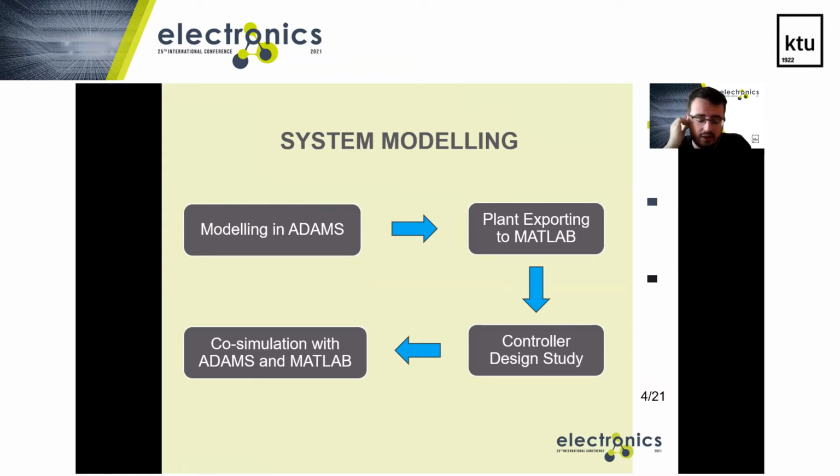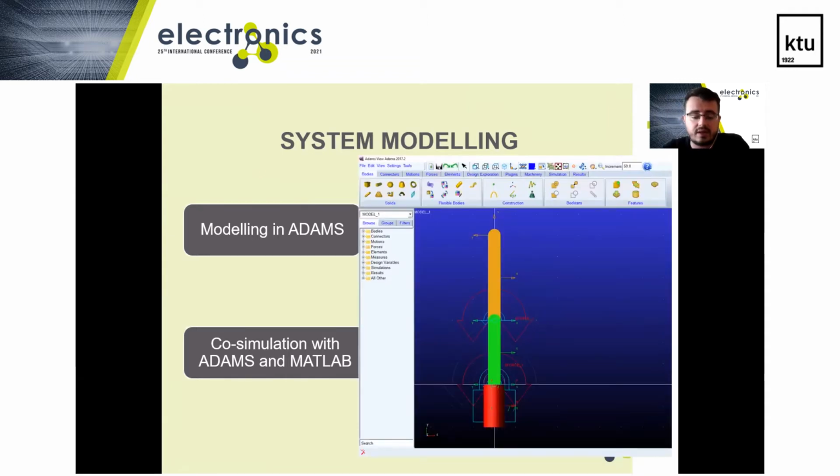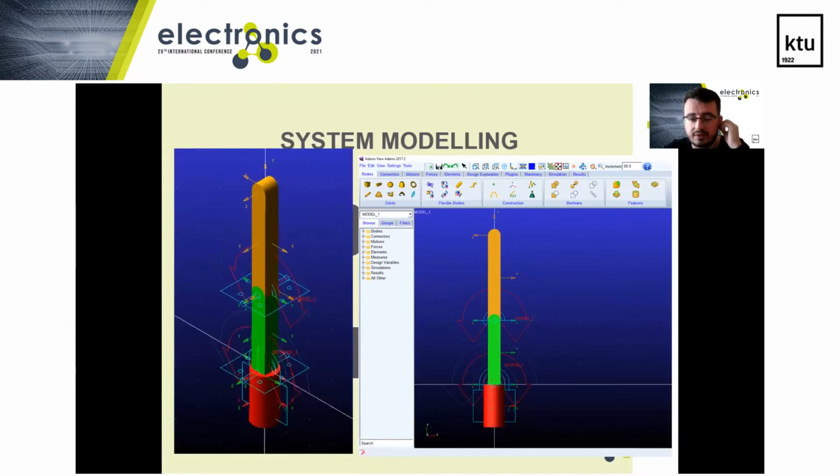And then finally, the co-simulation stage is performed to simulate the movements of the manipulator. These are the screenshots of the manipulator from the Adams environment, a 3D view of the robot manipulator, taken from Adams software.